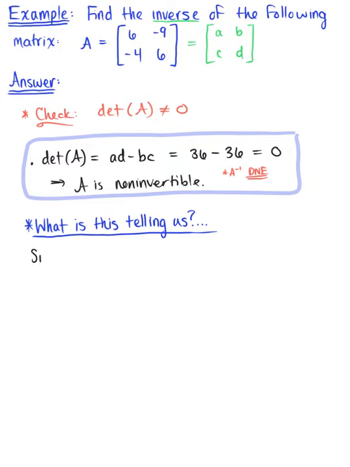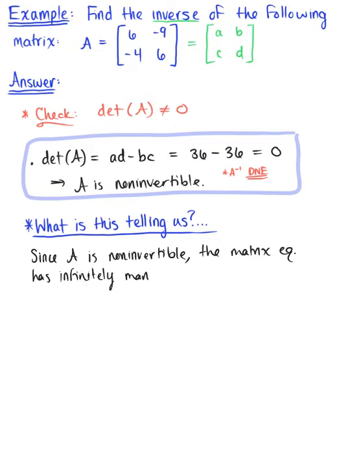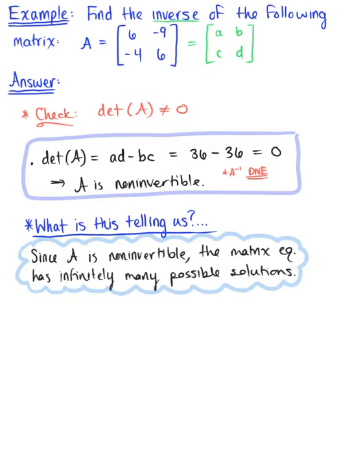What this is saying is that since matrix A is non-invertible or singular, this lets us know that the matrix equation has infinitely many possible solutions. So to better appreciate this statement, let's explore matrix A in a little bit more detail.